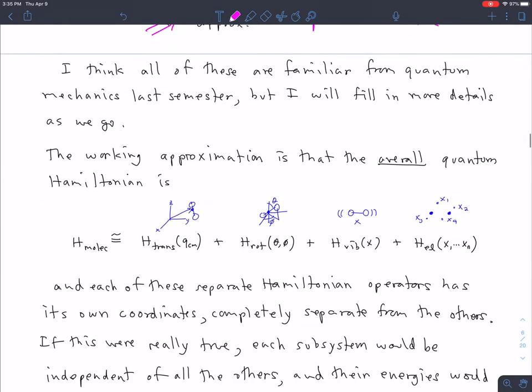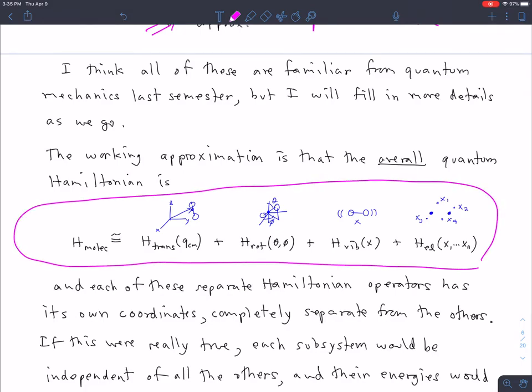All right, so what we're going to say about every molecule in our gas is that the overall quantum Hamiltonian for the whole molecule is a sum of independent terms: a translational term, a rotational term, a vibrational term, and an electronic term. Every one of those terms depends on different coordinates, right?